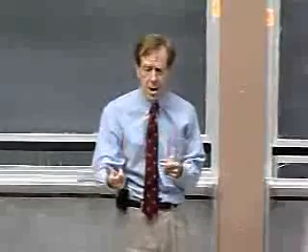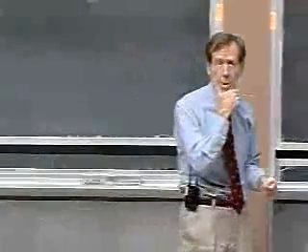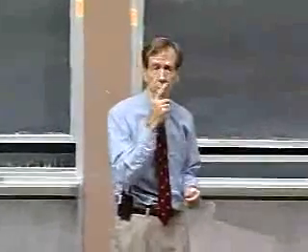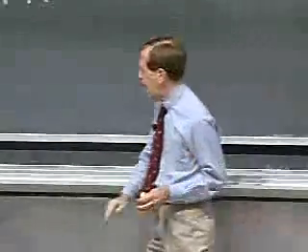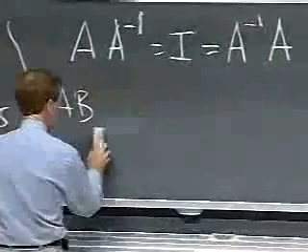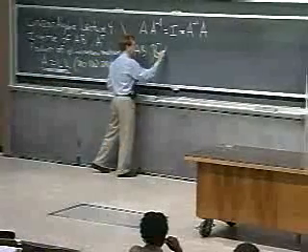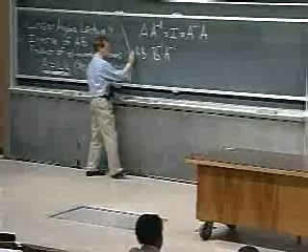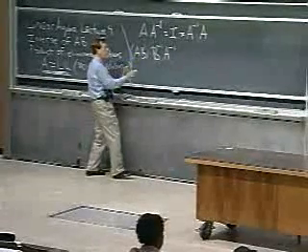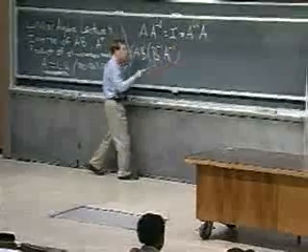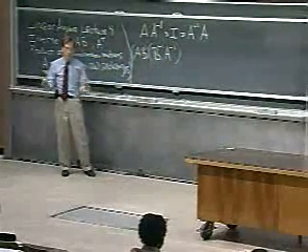I multiply the two matrices A inverse and B inverse, but what order do I multiply? In reverse order. And you see why. So the right thing to put here is B inverse A inverse. That's the inverse I'm after. We can just check that AB times that matrix gives the identity.